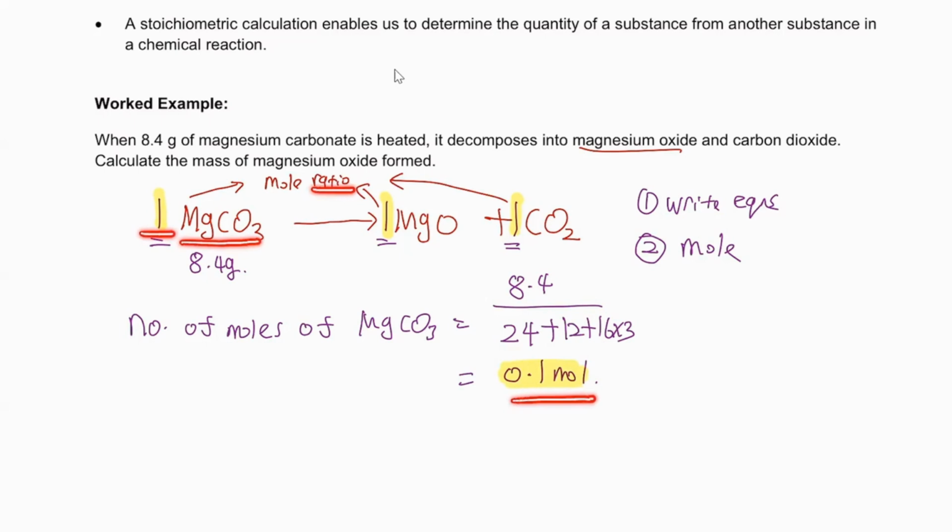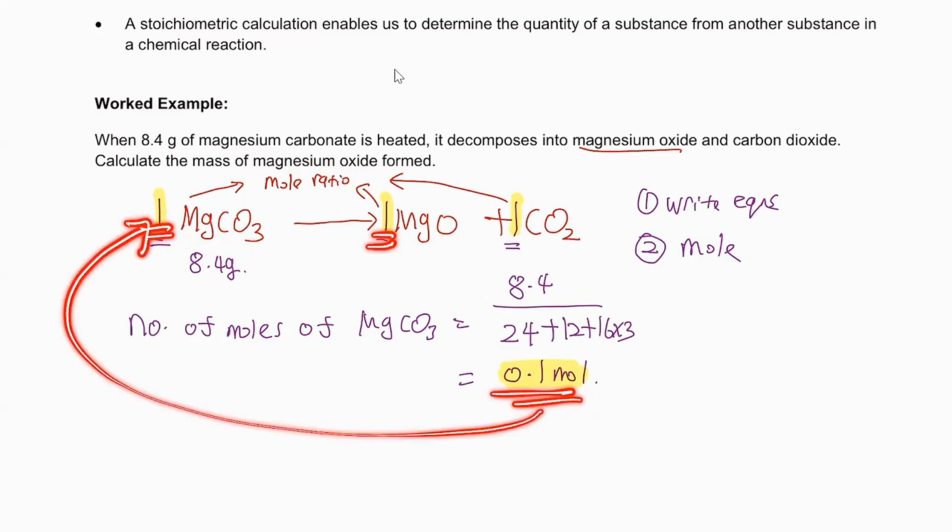Let me repeat again. 1 ratio of MgCO3 is 0.1 mole. The question is interested in finding out the mass of MgO, which is magnesium oxide. What is the ratio for MgO? 1 ratio. Can you see that? So these two are 1:1. If this is 0.1 for 1 unit, this will also be 0.1 because it's a 1:1 ratio.